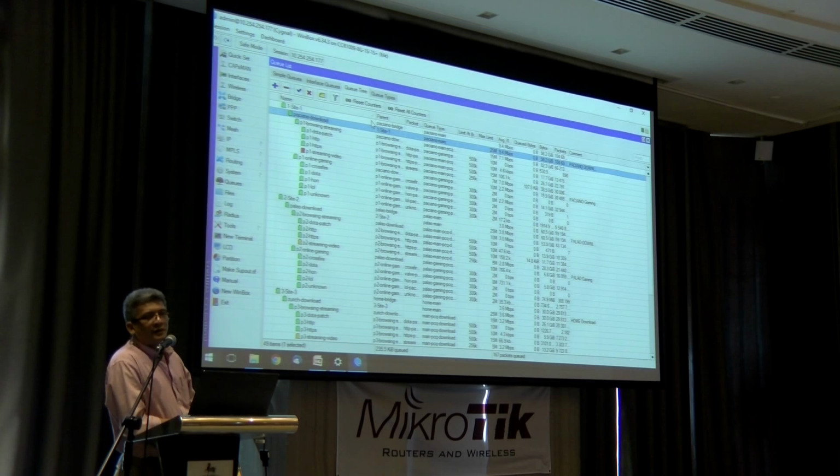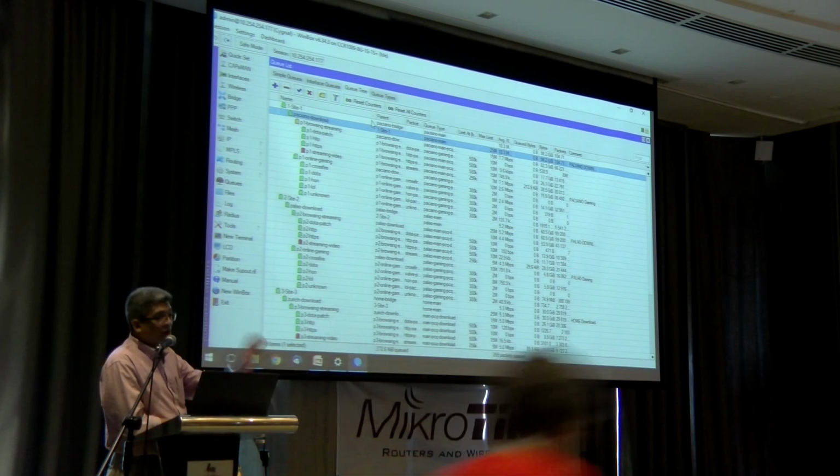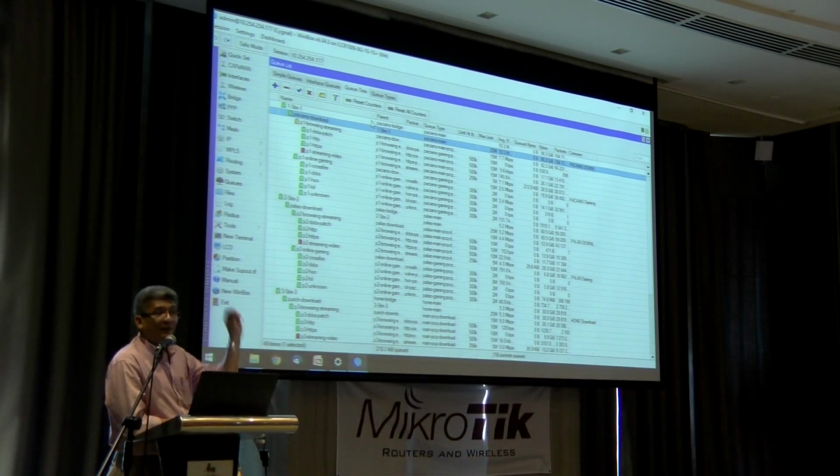So what you want is what? It's not the whole subnet. We're not talking here about a subnet. We're talking here about the whole interface. Whatever you connect to that interface will be affected by that.